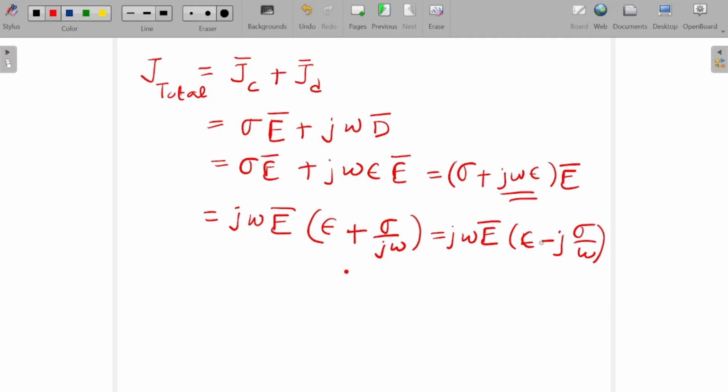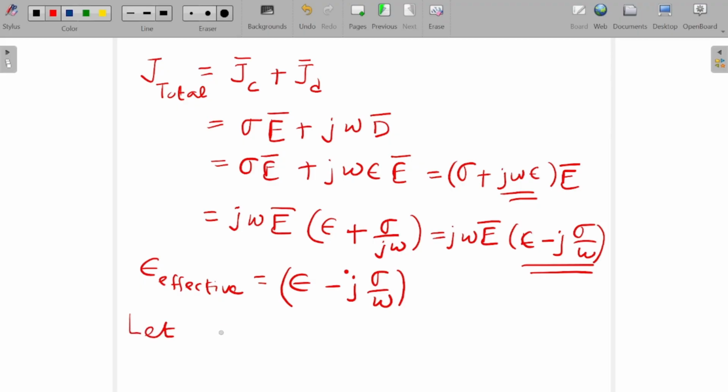If you take this j to the numerator side, then it will be negative. Now we have this E, and what is the effective permittivity is defined as another term, let it be epsilon effective. Let this term epsilon effective be epsilon minus j sigma by omega. This is your loss, or it is your effective permittivity.